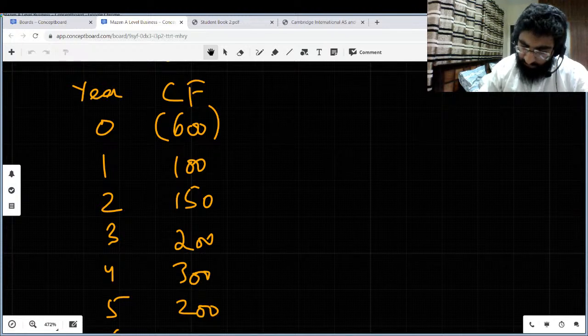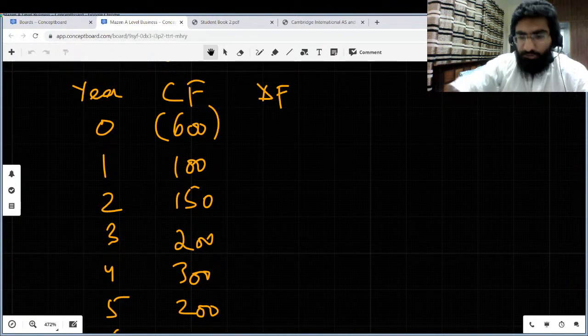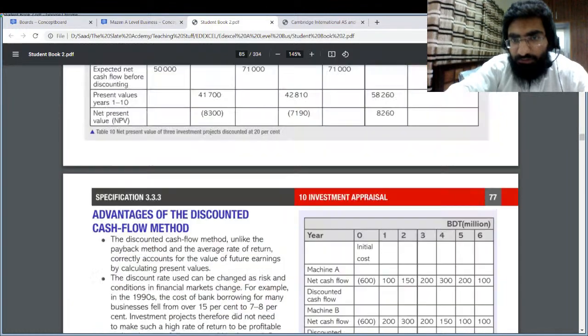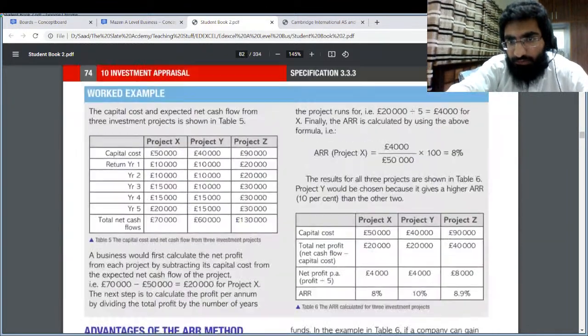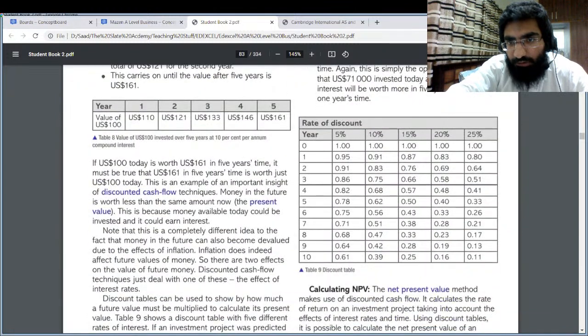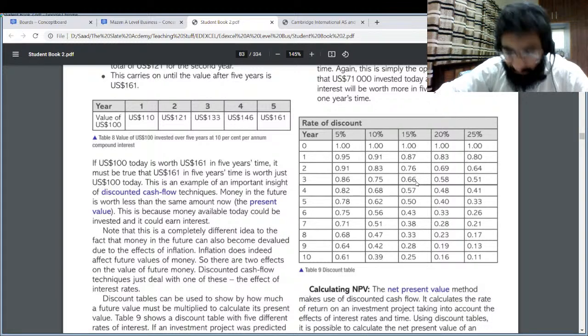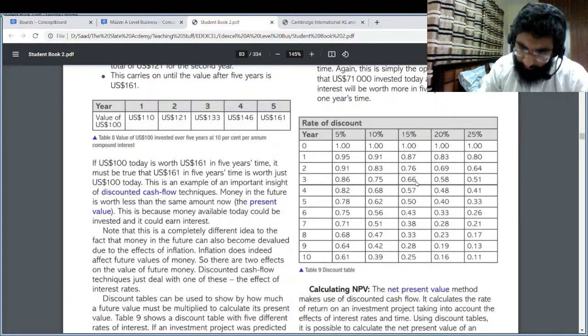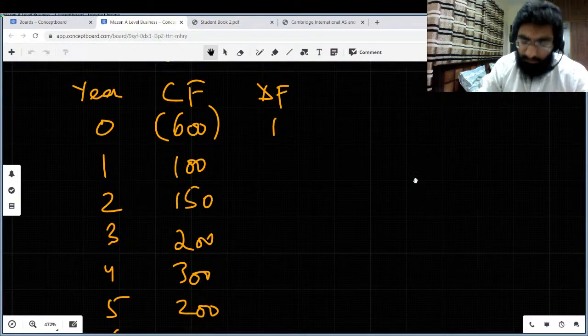Then I will see the relevant discount factor, or I can note the discount factor at the end as well. 15%. So give me that 15% chart. From this 15% chart, you'll have to vertically give me values. The first one is 1. For year 1 it's 0.87.